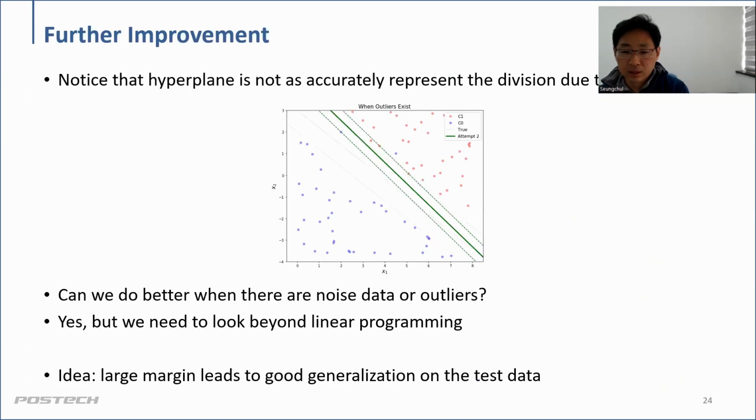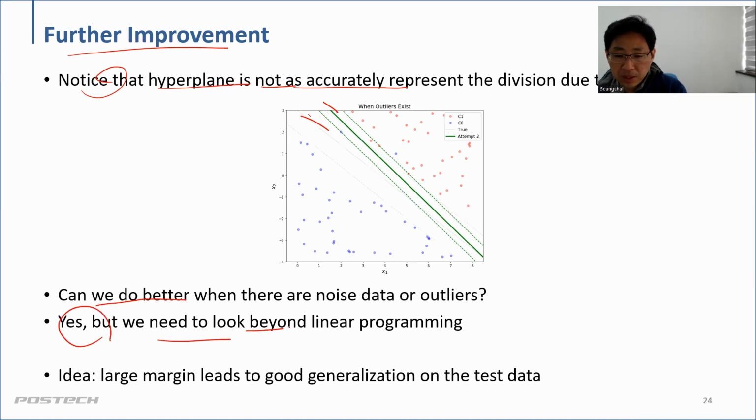So going back, for further improvement, notice that the hyperplane is not as accurately represented, so this one is not different from that one. Can we do better? Yes. Now we need to look beyond linear programming. I used the term width, but in SVM we call it the margin.